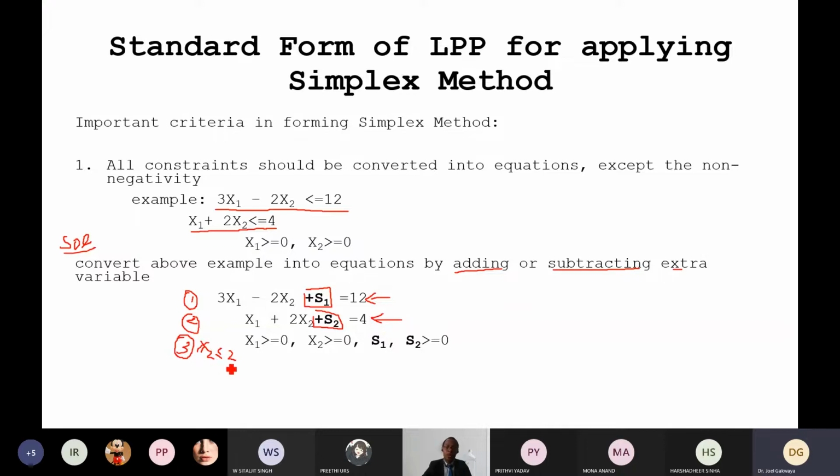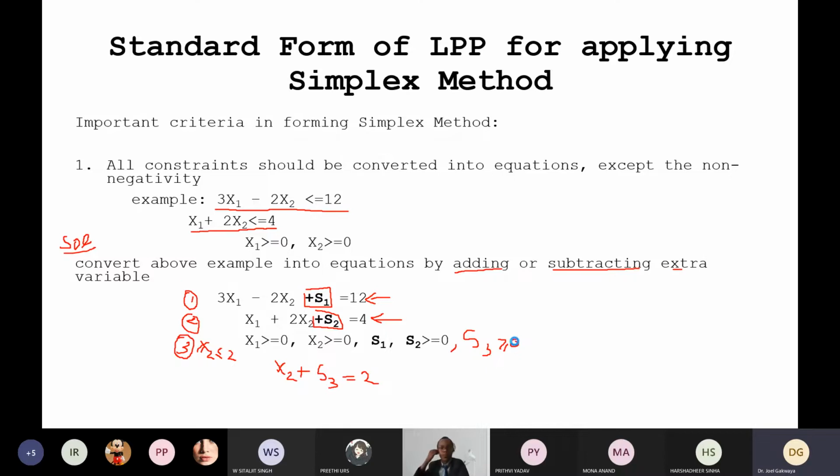Constraint number 3 will take x2 plus S3, which is equal to 2. It will also be added to the non-negativity: x1 greater than 0, x2 greater than 0, S1 greater than 0, S2 greater than 0, and S3 greater than or equal to 0. Clear? So this is the first criterion to understand.